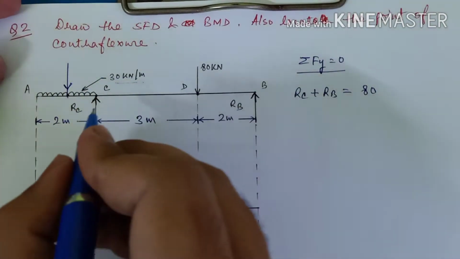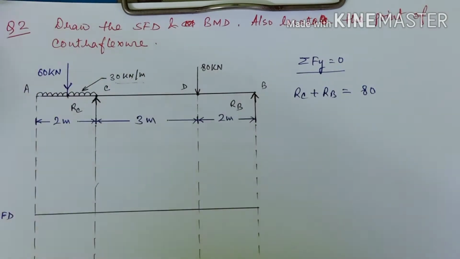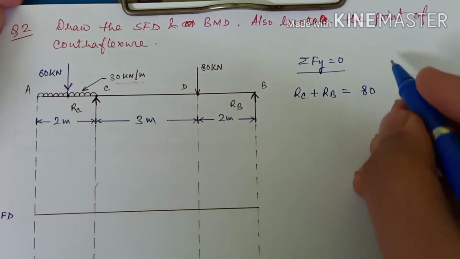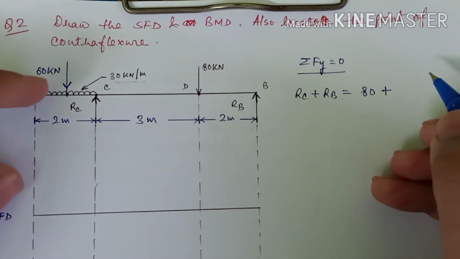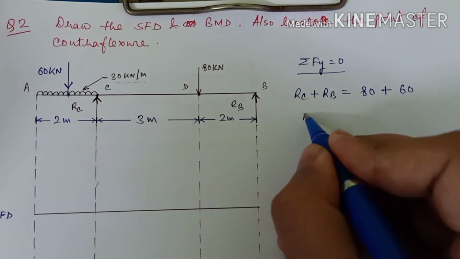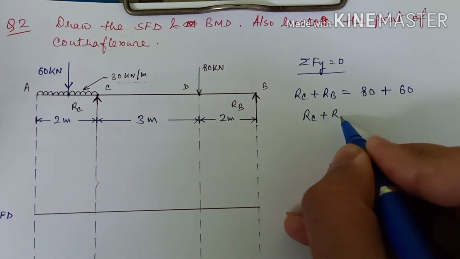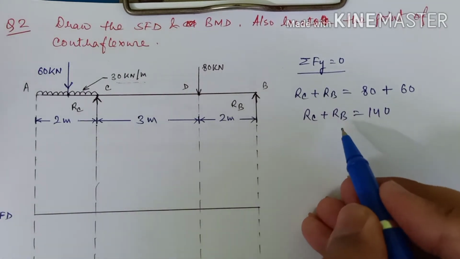So this will be also 60 kilonewtons. Okay guys, so it will be 80 plus 60, because it is also in the vertical direction and counterbalancing these both reactions. So RC plus RB will be 140, and both of these are unknown to us.